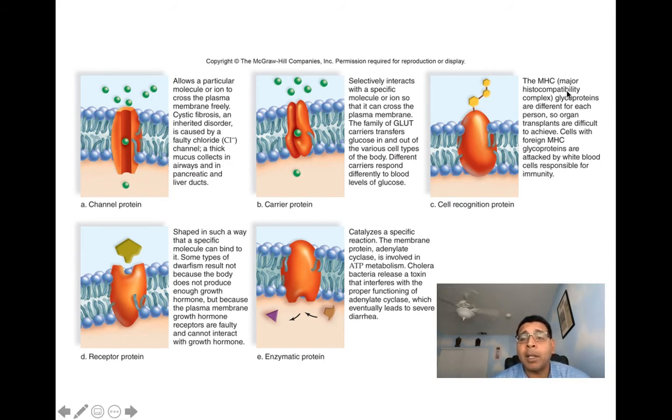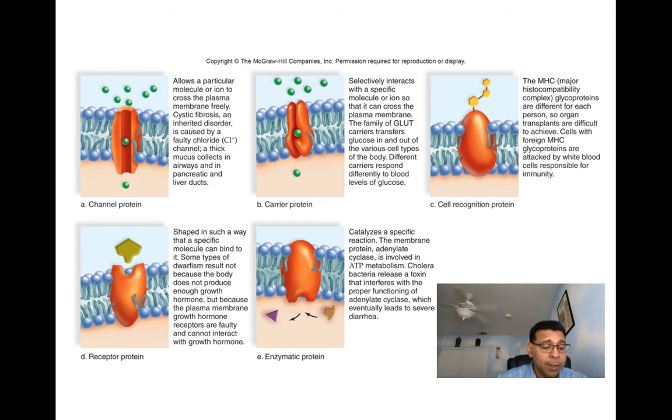The MHC glycoproteins are different from person to person. Organ transplants are difficult to achieve because cells with foreign MHC glycoproteins are attacked by white blood cells that are responsible for immunity. So that's why we have to have a match.